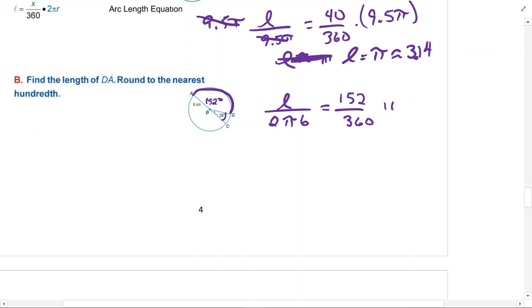Multiply both sides by 12 pi. We have the length is approximately 15.92.